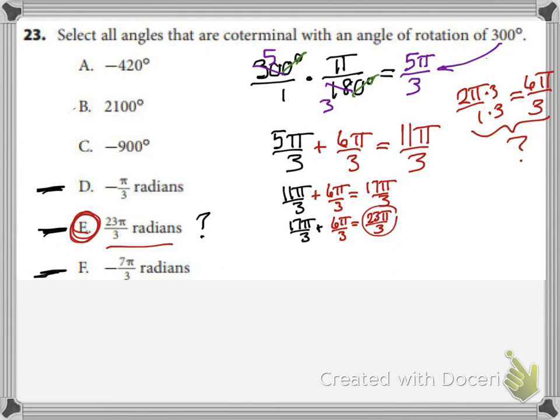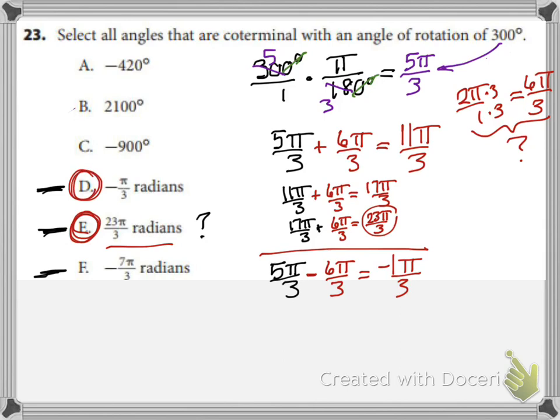The rest of the radian answers are smaller than 5 pi over 3. They're negatives. So I'm going to go back and start again with 5 pi over 3, and see if I can go in the negative direction and match up with those numbers. Minus 6 pi over 3 is negative 1 pi over 3.